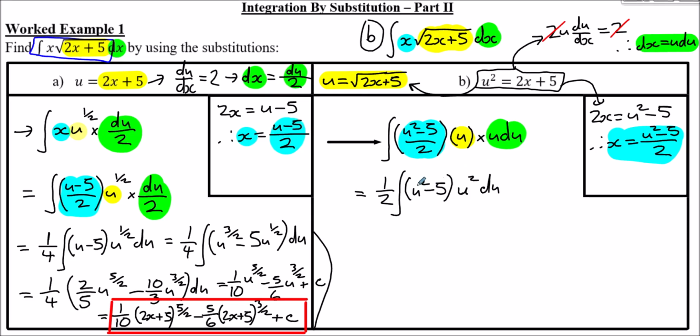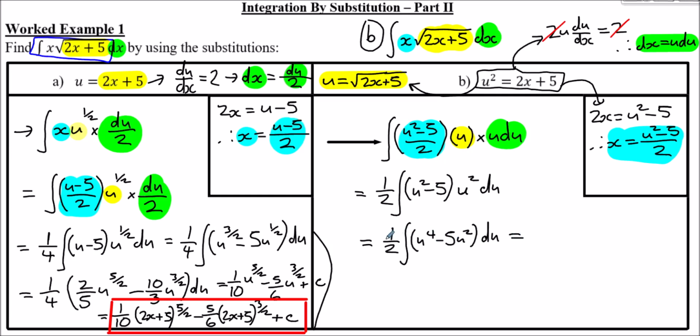We can now expand out and then proceed. So we've got a half u squared times u squared is u to the 4, and then we're going to have minus 5 times u squared, which is just obviously minus 5u squared du.